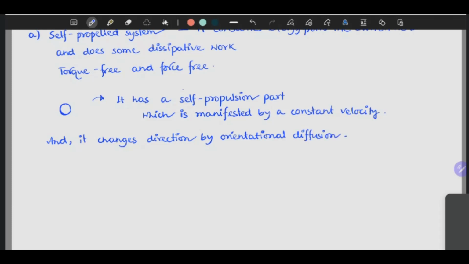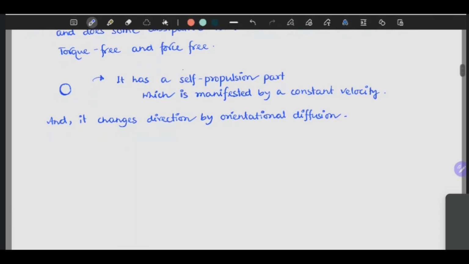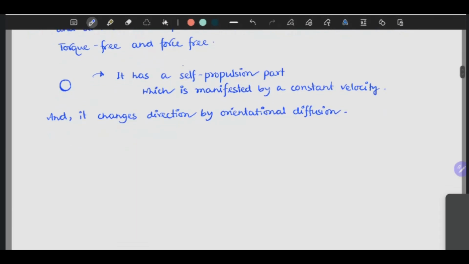If there is some asymmetry in the particle, there is also some orientational diffusion, and it is governed by the orientational diffusion equation, and we solve for that.